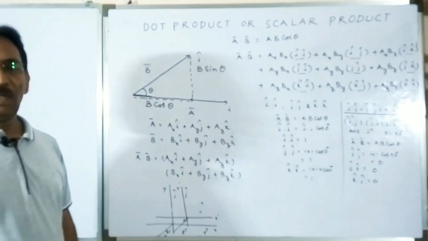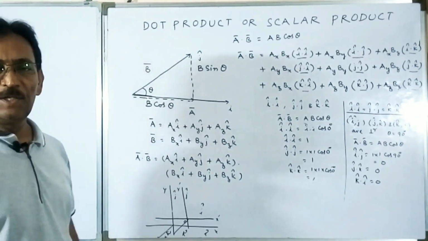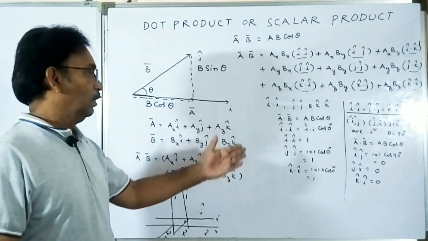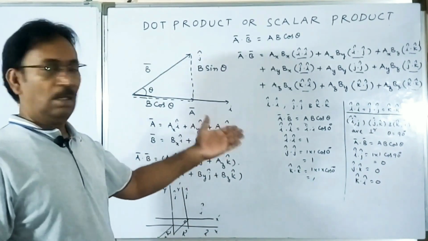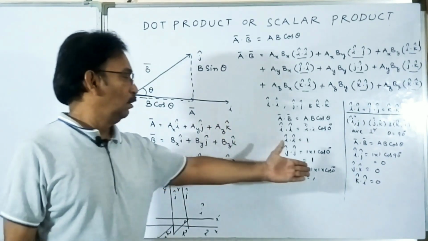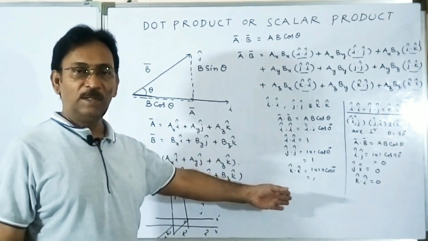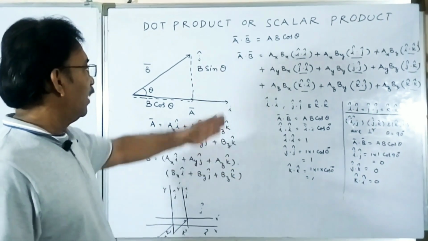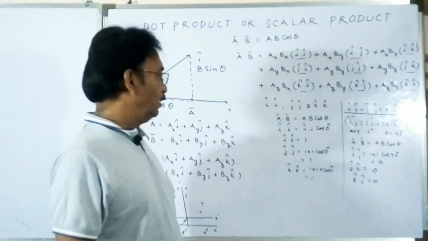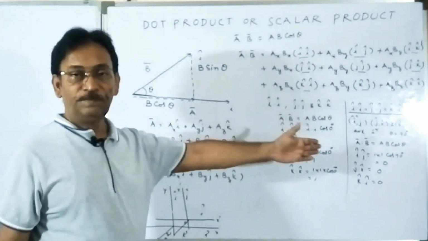What does it mean? When two vectors are perpendicular to each other, the result is 0. When they are parallel, it is 1. Here we are applying the same values in this relation. I hope you understood this.